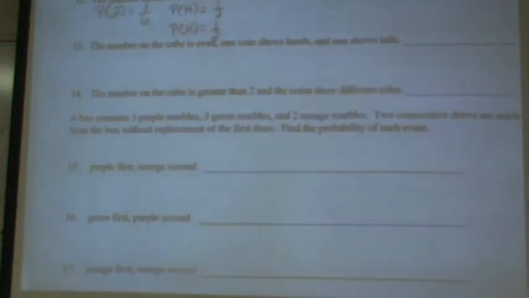So we need to find the probability that the cube is a 2. So there's a 1 in 6 chance of it being a 2 because there's only one 2. And then we need to find the probability of heads on the first coin and heads on the second coin. We have a 1 in 2 chance of getting heads on the first and a 1 in 2 chance of getting heads on the second.